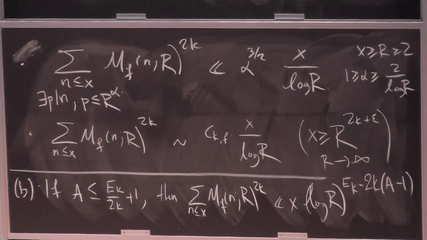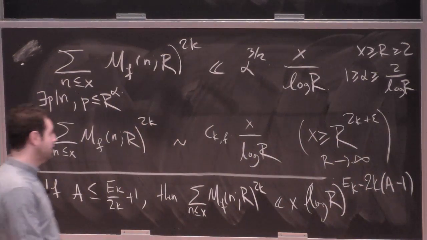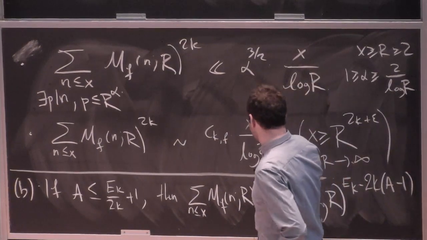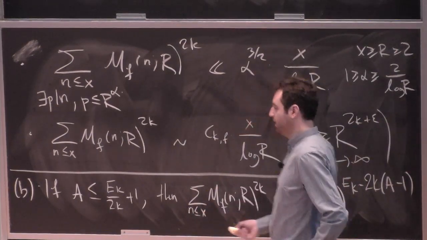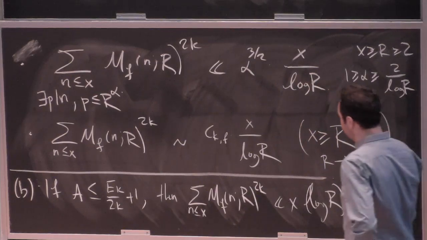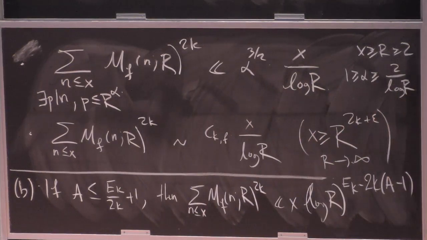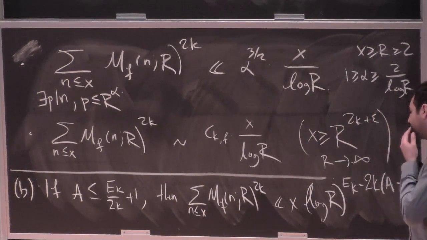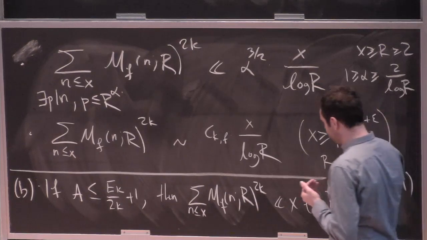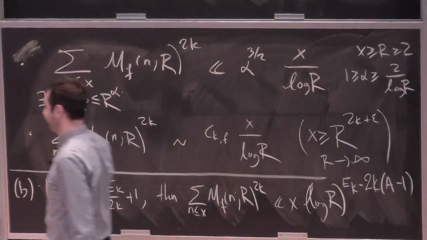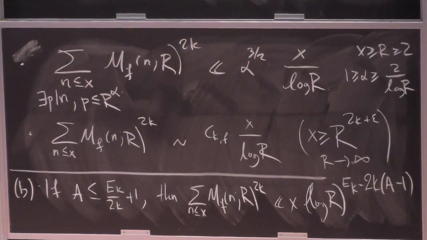We only lose something that depends on k, not on A. And also, if you restrict here to integers that have most of the contribution here is coming from integers with a lot of prime factors, constant times log r. The constant depends on k. And in the sense that if n does not have so many prime factors, then you can save even more in the exponent. So this is a partial confirmation of this soft conjecture.